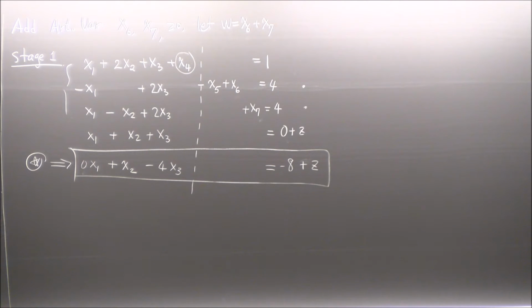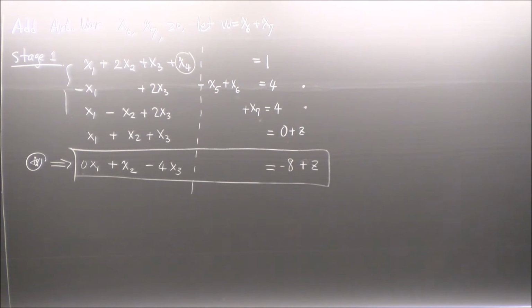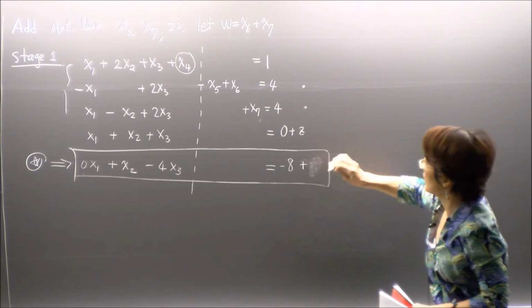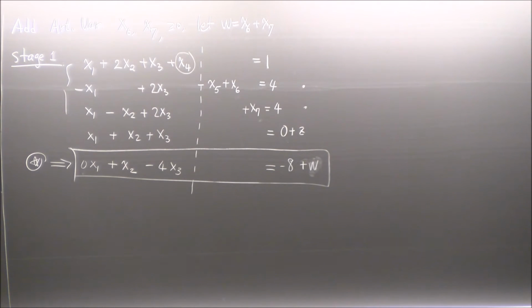Is that clear? There are many, many little steps that we keep adding up, and the whole algorithm will contain all those details. You have to remember what to do. So any questions on how I get this equation? Oh, I'm sorry, W. Of course, not C. Yeah, question?